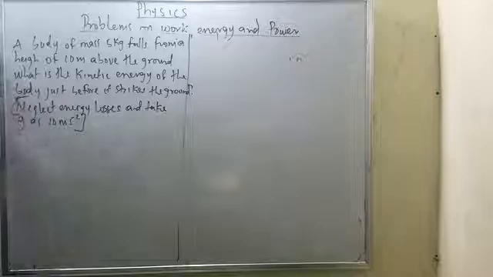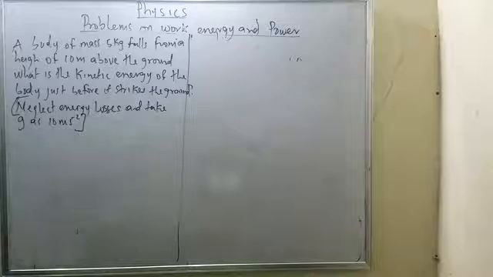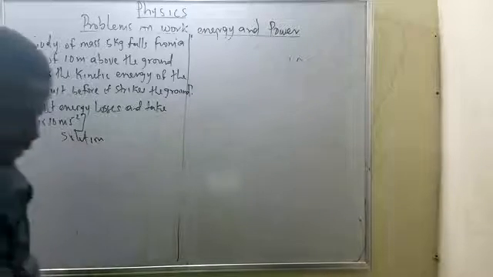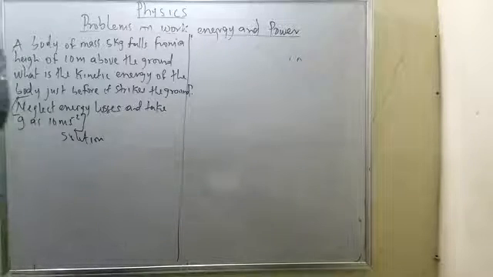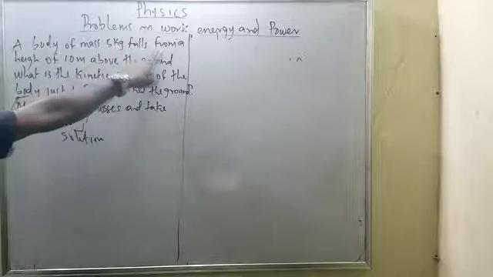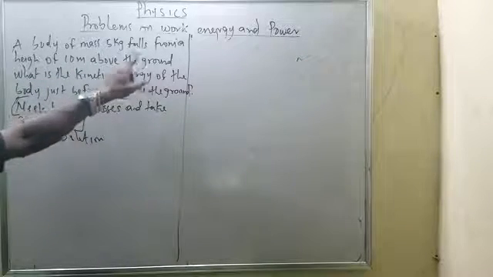Now, look at this question. How do I solve this question? Solution to this problem. What I need to know here is, what am I looking for? A body of mass 5 kg falls from a height of 10 meters above the ground.